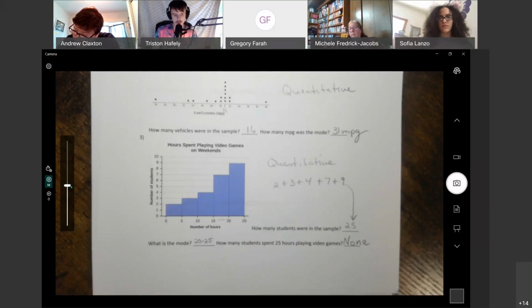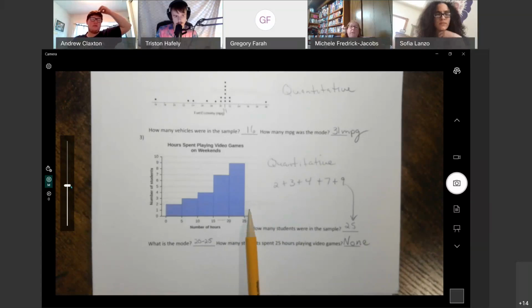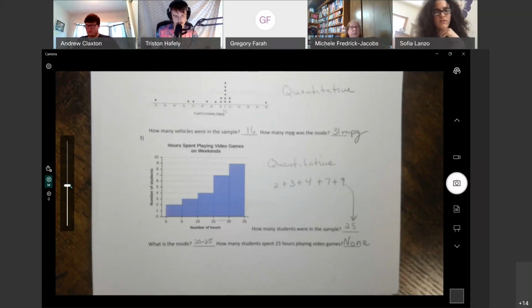Would 25 be the max of that and then the least of the next? Why is it there if it's not a measurement? Because you're going up to, but not including 25. So you could have 24 and a half hours, 24 hours and 50 minutes. So since it's continuous, it's going up to, but once you hit 25, it will go to the next one.